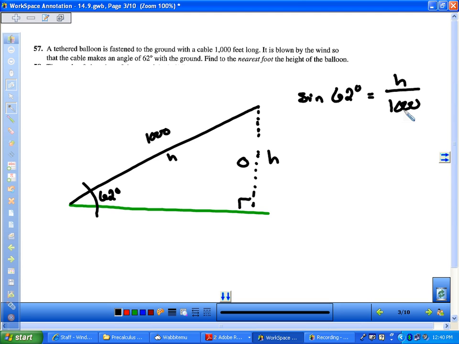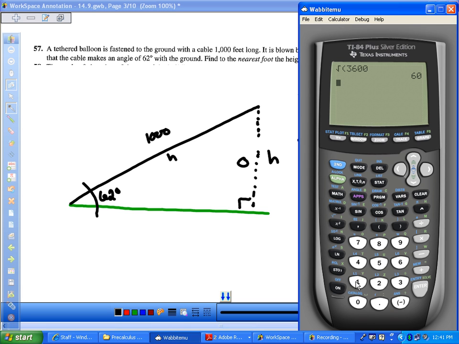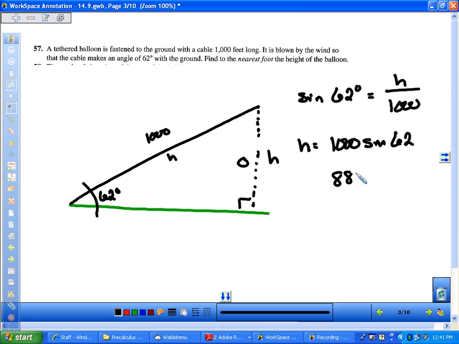How do we undo division by 1,000? Multiplication by 1,000. To the nearest foot, 1,000 sine 62 gives us 882.9, so 883 feet. All right, 57. Any others?